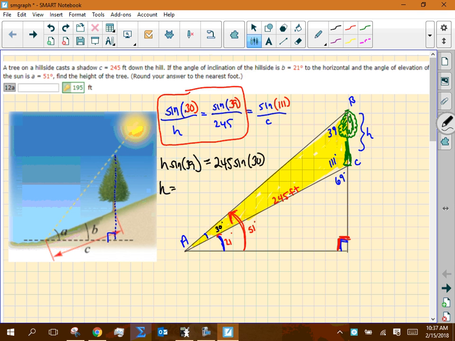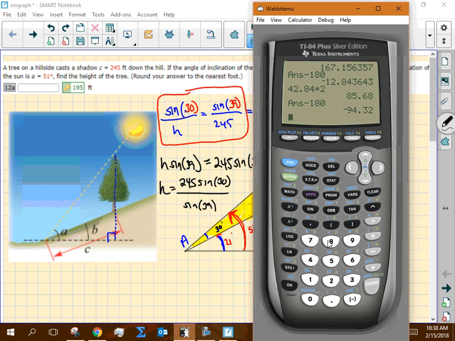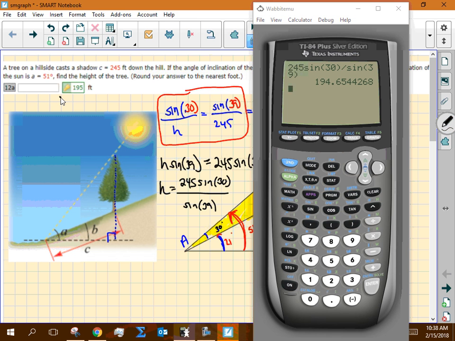This will give me H is equal to 245 sine of 30, and then divide that by sine of 39. And that will end up giving me my H value, which when we calculate that, I haven't done it yet. 245 sine of 30 divided by sine of 39. There's our 194.6. It says round to the nearest foot, so that's why we're getting 195 there.